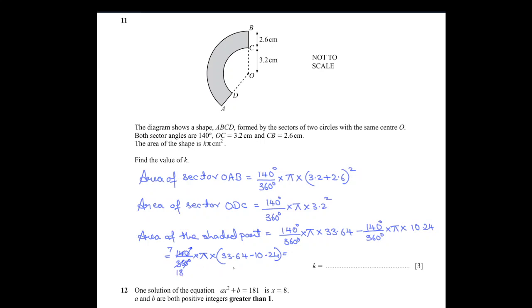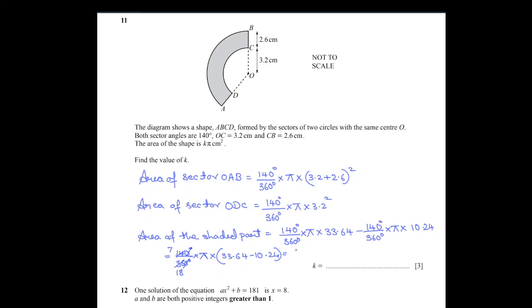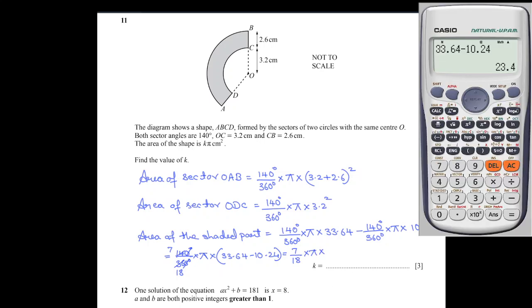So 7 by 18 into pi into this subtraction. 33.64 minus 10.24 is equal to 23.4. So 7 by 18 into pi into 23.4.